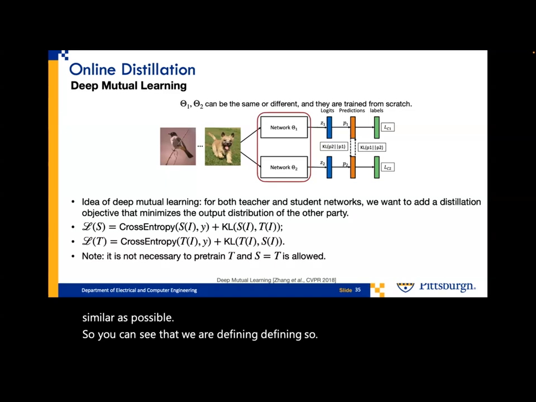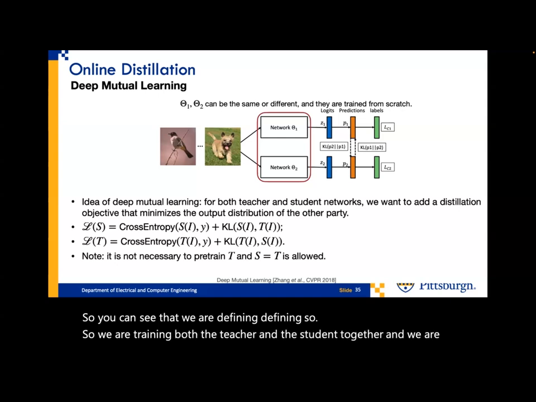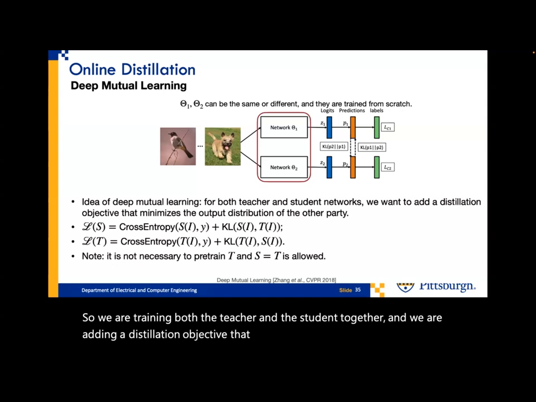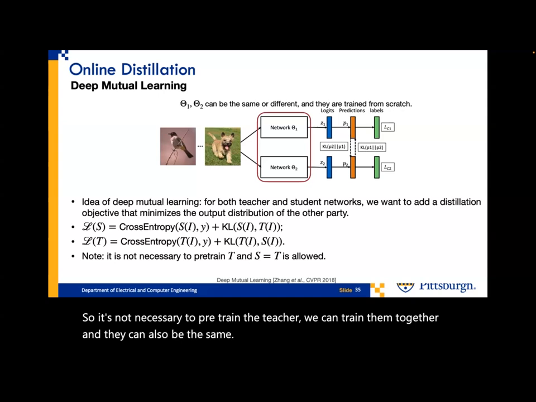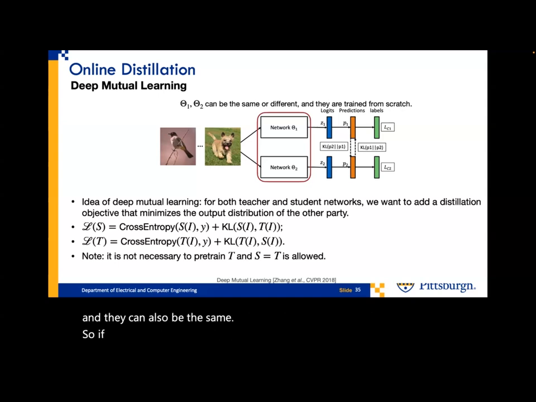So we are training both the teacher and the student together, and we are adding a distillation objective that minimizes the output distribution of the other party. So it's not necessary to pre-train the teacher. We can train them together, and they can also be the same. If they are the same, then it's very similar to self-distillation, right?